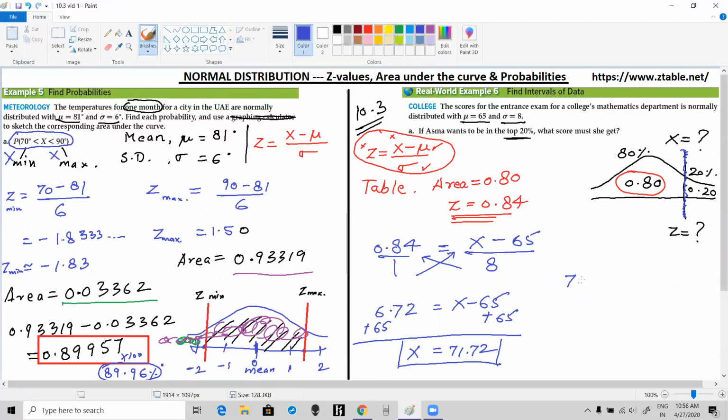She needs to score more than 72. Because this is 71.72, if she gets something more than that, she's in the top 20%, which will be simply more than 72 marks. That's your answer.